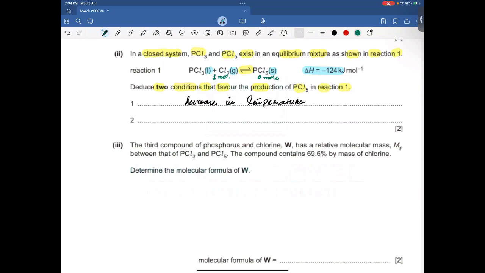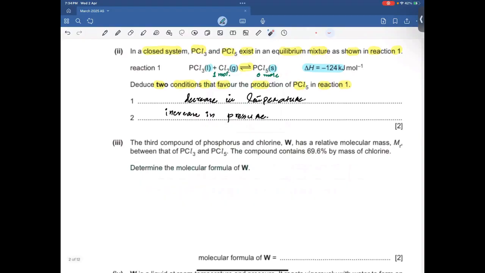So if we increase the pressure, then according to Le Chatelier's principle, equilibrium favors the direction where we have fewer moles. Since the number of moles on the product side is 0, if we increase the pressure, equilibrium favors the right-hand side, and the production of PCl5 again increases. So decrease in temperature and increase in pressure increases the production of PCl5.